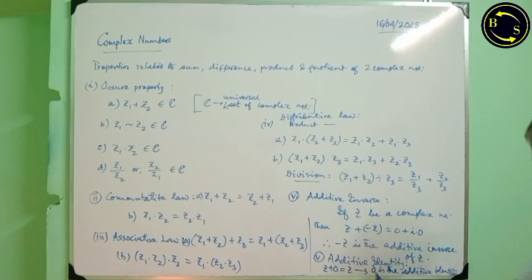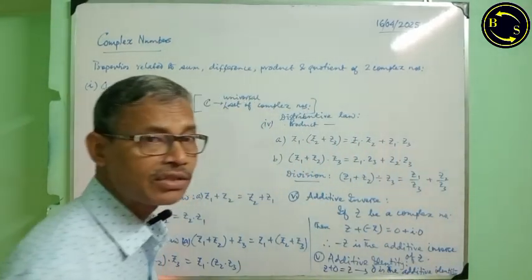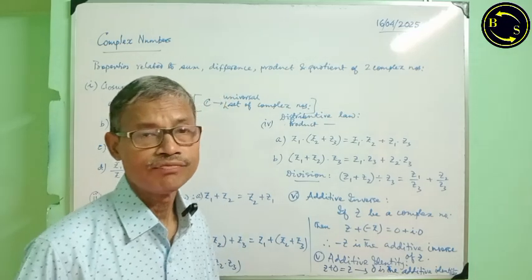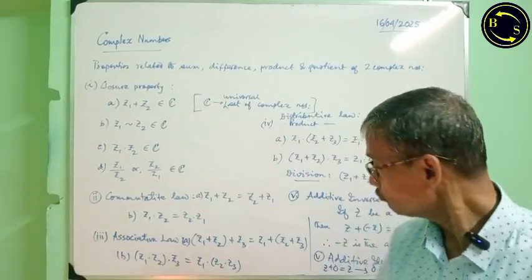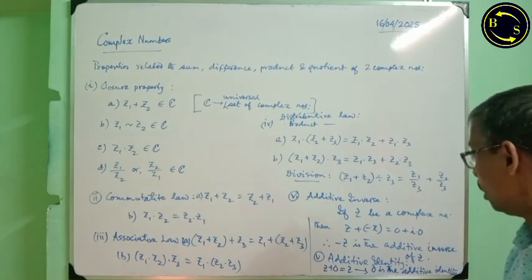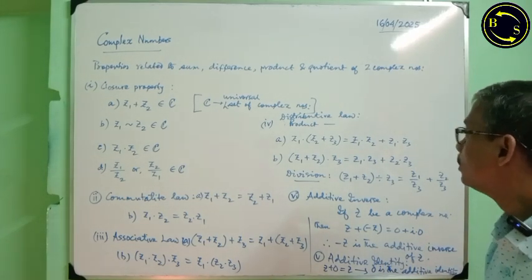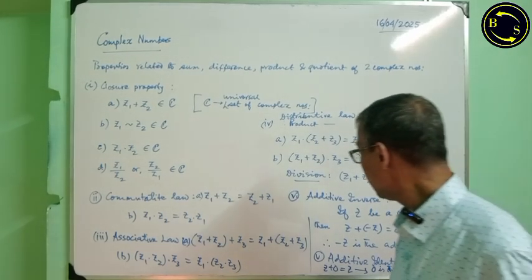That is why first additive identity, 0 is the additive identity in case of complex number, and minus z is the additive inverse of z. These are the laws in case of addition, multiplication.